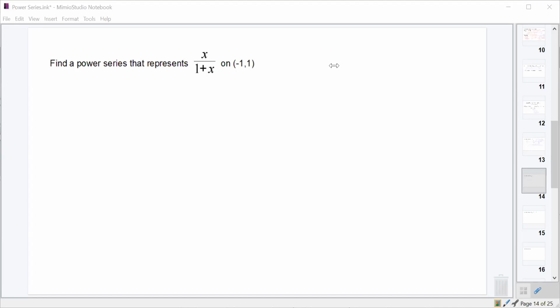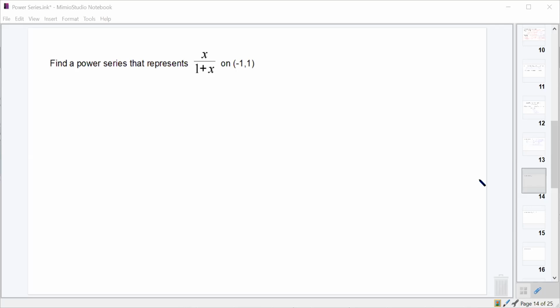Factoring 1/1 minus x. Now it's much less complicated, actually. X over 1 plus x is the same as the one we just did, except it's just been multiplied by x, hasn't it?